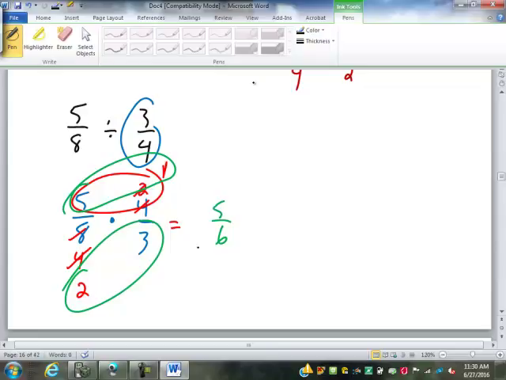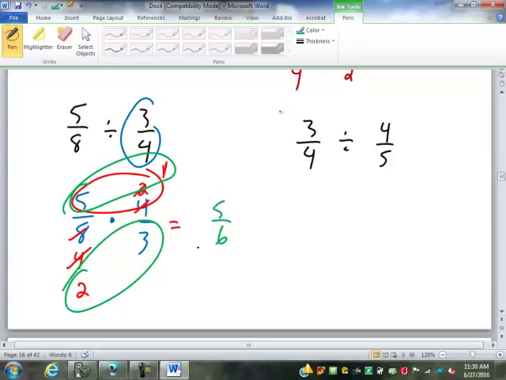So my next example, 3/4 divided by, let's do 4/5. So my question for you, can I cross cancel the 4s? No. Why not?